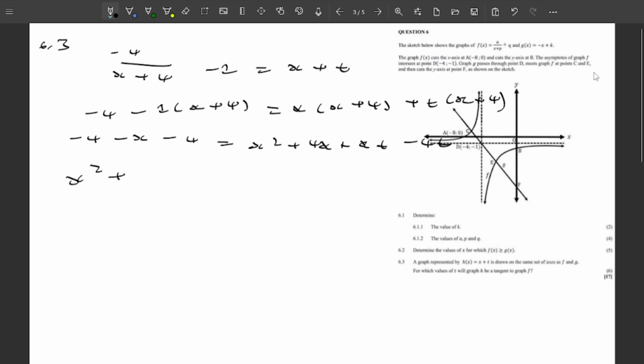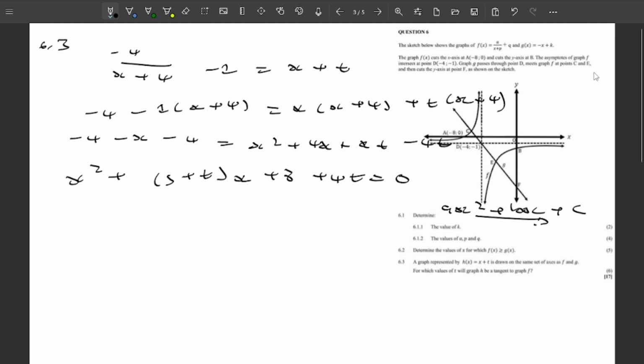The ones that have the x, the 5x and xt, it's going to be (5 + t)x + 8 + 4t equals 0, after simplifying, by the way. The reason why I did it like this is I'm looking for the standard form that we're used to, which is ax² + bx + c of a quadratic, in order for me to use my intervals.